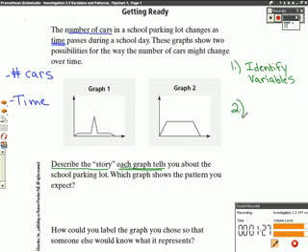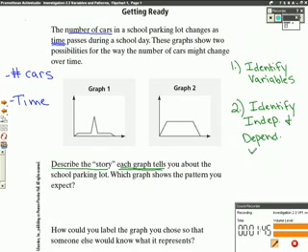All right. The second thing, once we've identified the variables, we have to identify the independent and dependent variable. Looking at our situation, do the number of cars determine what time it is, or does the time determine the number of cars?